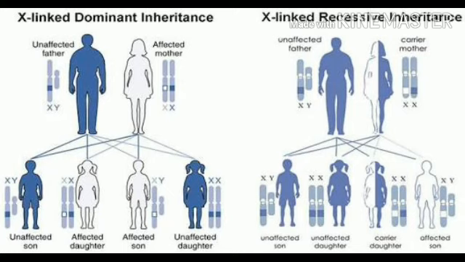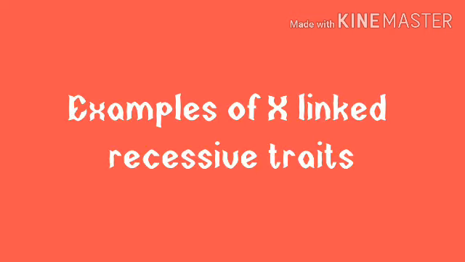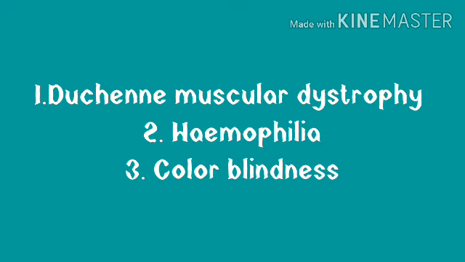So, a heterozygous female forms a carrier. In males, even a single mutant gene on their X chromosome, the hemizygous state, is affected. Examples of X-linked recessive traits are Duchenne muscular dystrophy, hemophilia, and color blindness.